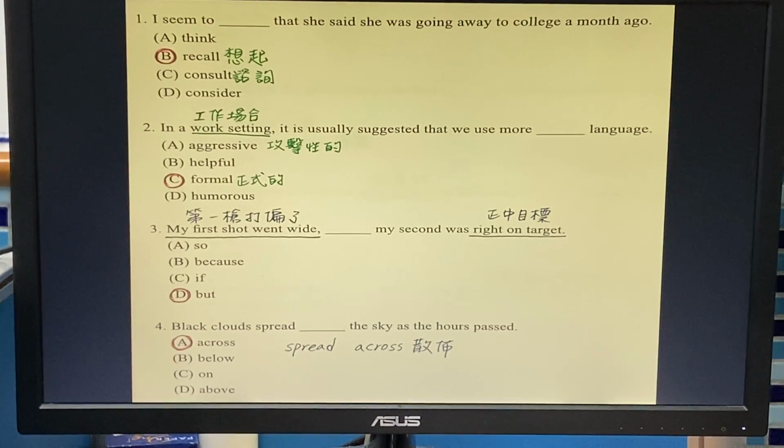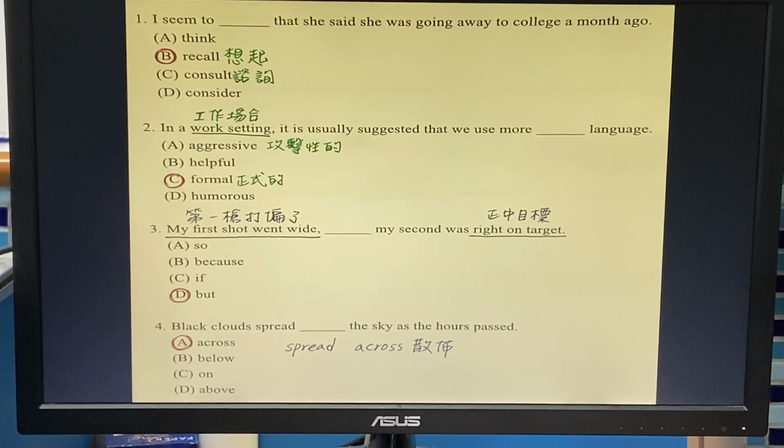前面打偏了，跟后面正中目标是两个相对的、相反的概念，所以用 but. Number 4, black clouds spread across the sky as the hours passed.